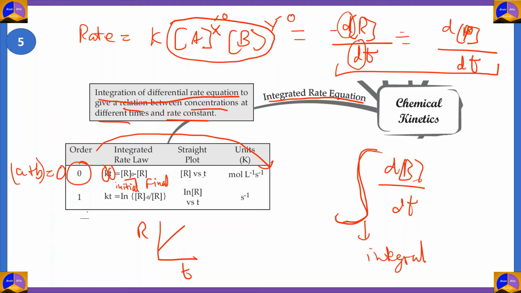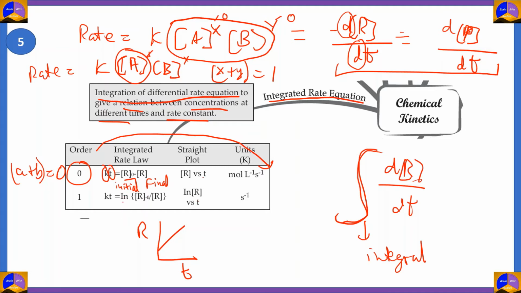Similarly, let's look at the first order reaction. Over here, the rate will be equal to k times the concentration of A times the concentration of B, because x plus y, that is the order, is equal to 1. So it's dependent on at least one of the reactants.